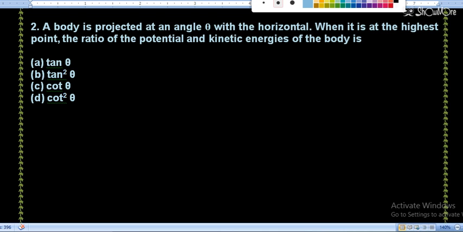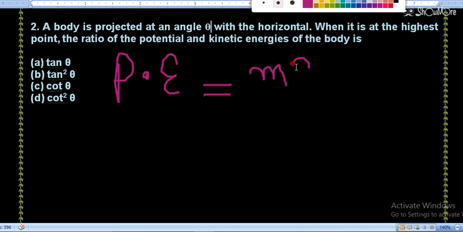So students, we know the relation of maximum height. Firstly I have to write the potential energy. This will be equal to m into g into maximum height.